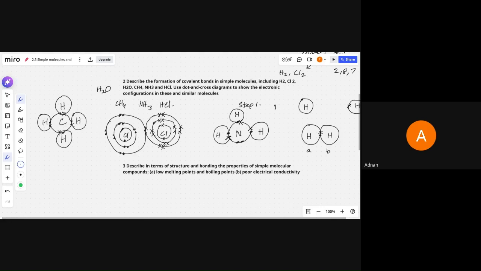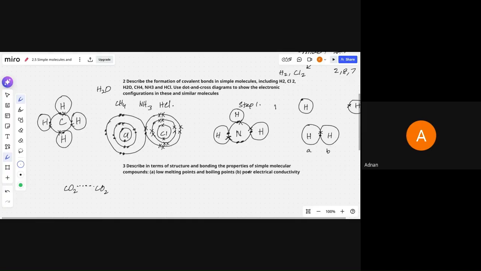Simple molecular compounds are those compounds that can exist on their own. For example, carbon dioxide. If we have two carbon dioxide molecules, they can exist independently, and there will not be any covalent bond between them. So these are called simple molecular compounds.